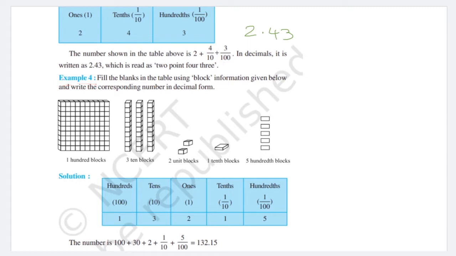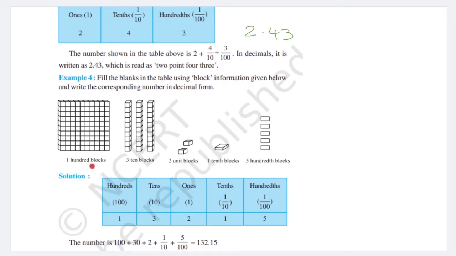Example 4. Fill in the blanks in the table using the block information given below and write the corresponding number in decimal form. See, this is 100 blocks. You have 100 blocks here. 3 tens blocks. 2 unit blocks. 1 tenth block. 5 hundredth blocks.